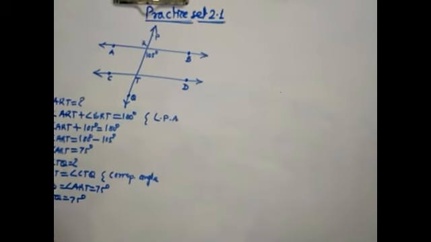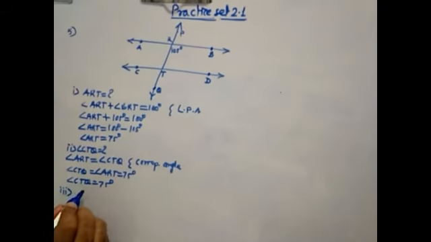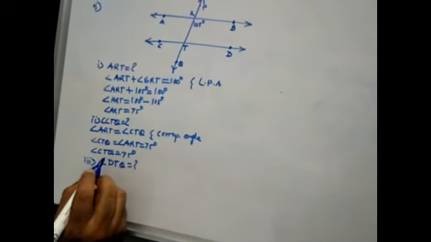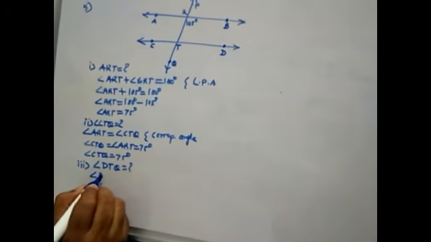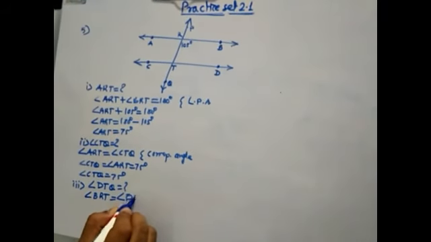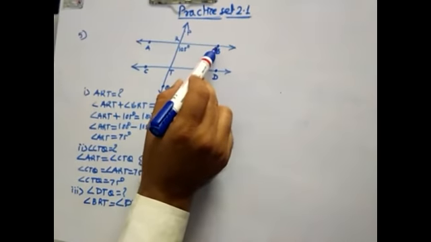In this way, the third one we want to find is DTQ. This angle DTQ we want to find out. Write down here angle BRT is equal to angle DTQ. See, where is BRT?